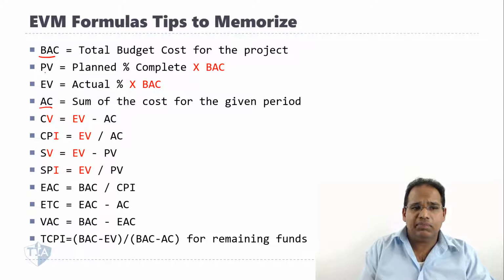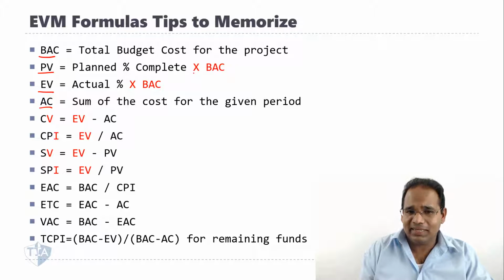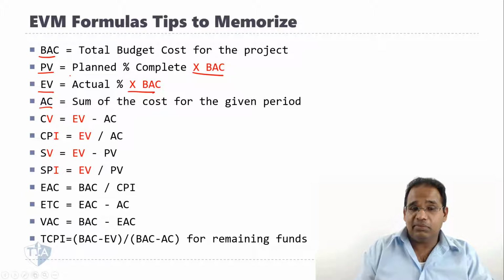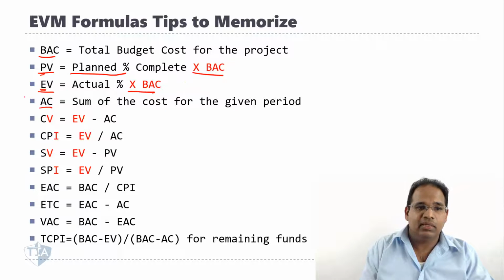Now, PV and EV are both multiplied against the BAC. See that? They both multiplied against the BAC. And notice PV stands for planned value. EV stands for earned value. So PV is the planned percent times the BAC.